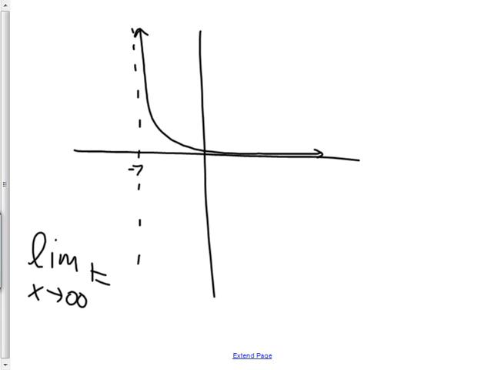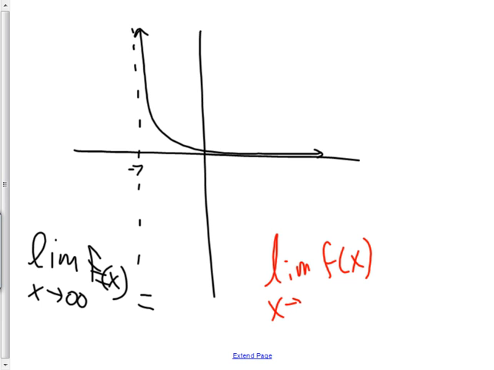Oh, I forgot the function part. Write it down in your paper. Now here's the tougher one. What's the limit of this function as x approaches negative 7?